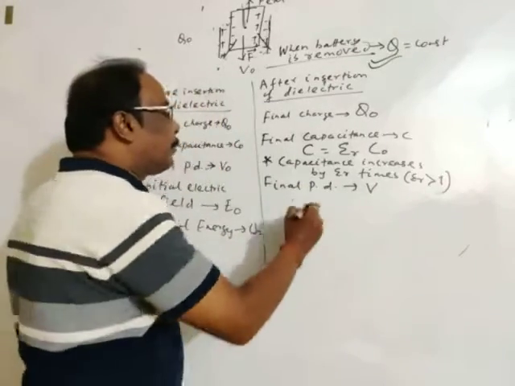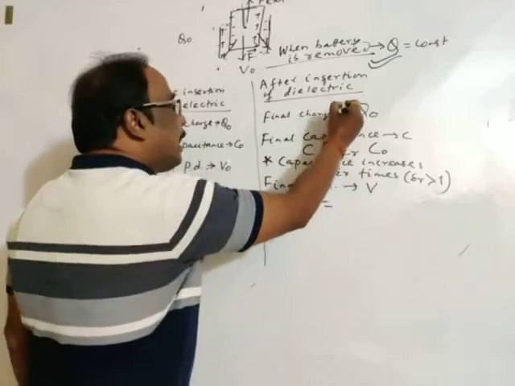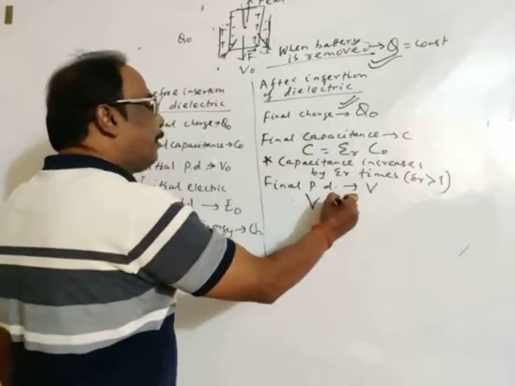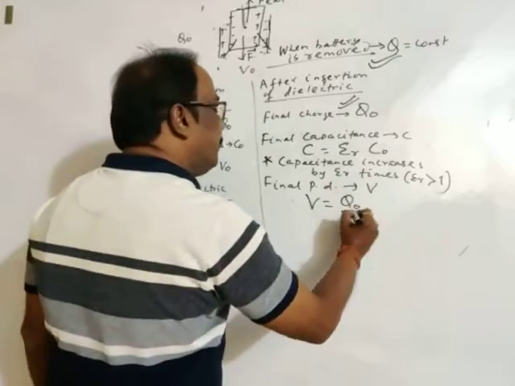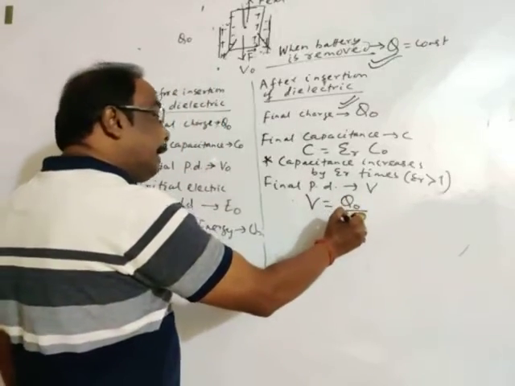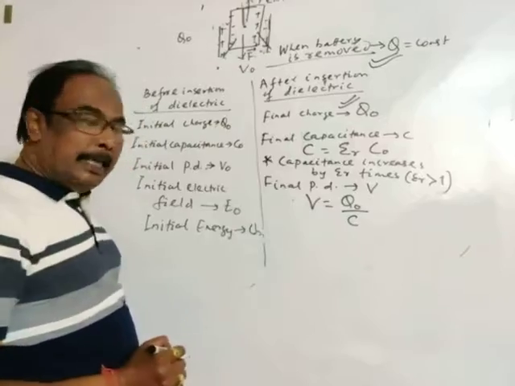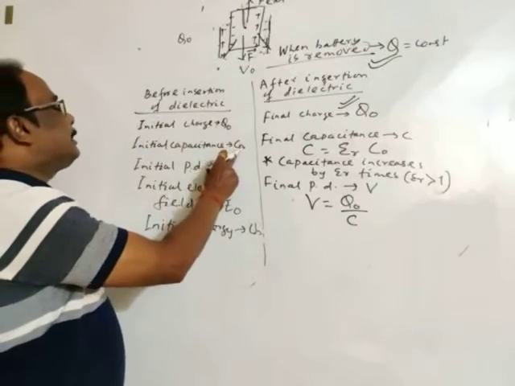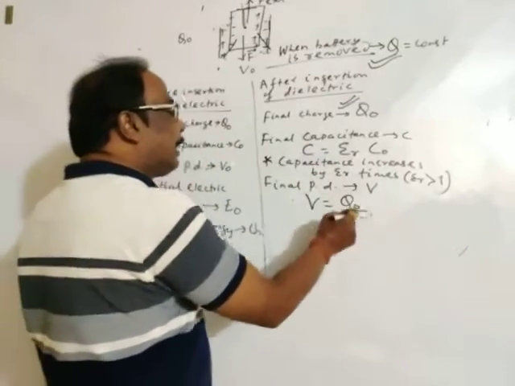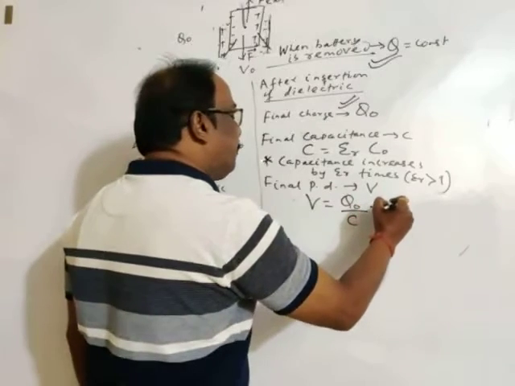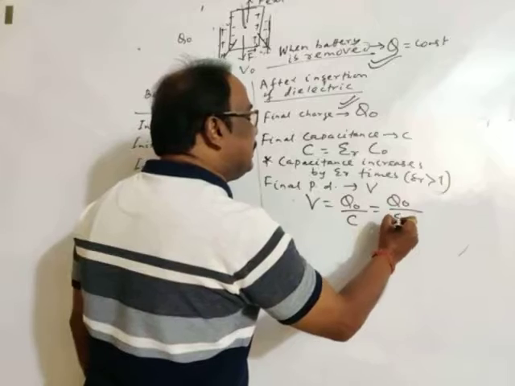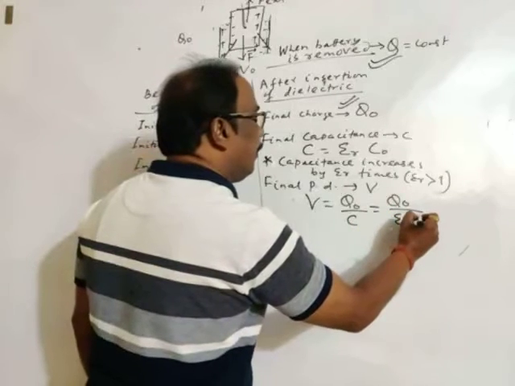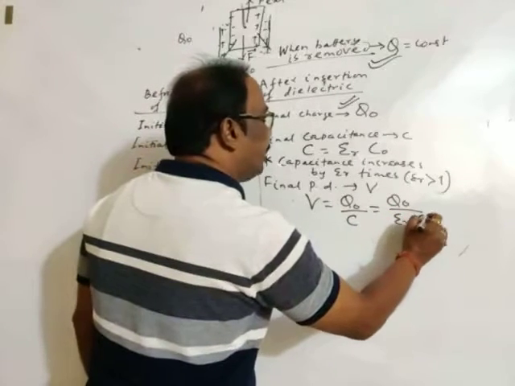Charge is the same after removal of the battery, so in place of Q we write Q naught. But for C we write C, because initial capacitance is C naught and final capacitance is C. So the final potential difference is Q naught divided by C, where C is equal to epsilon r into C naught.